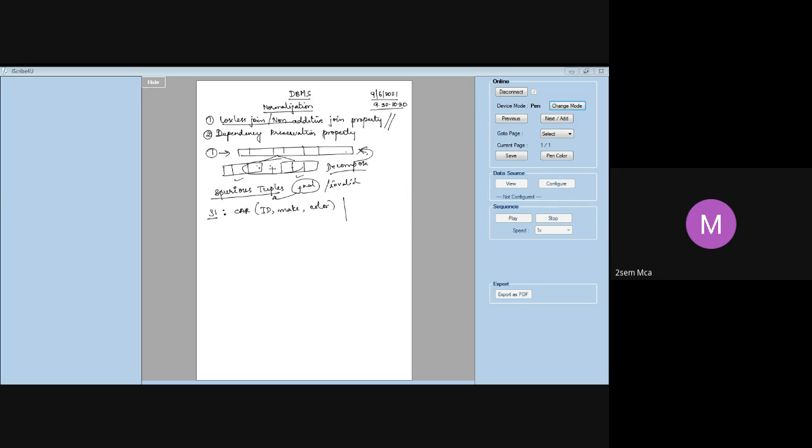Let me also put down a couple of values. I have ID, make, color. This is my S1. Let me give some values. 1, 2, 3 is the ID. Make is Toyota. Color is blue.